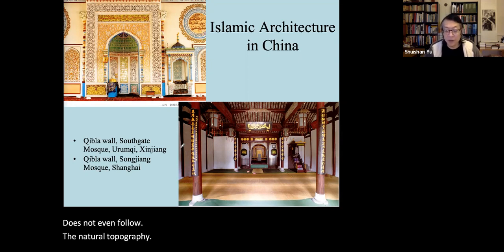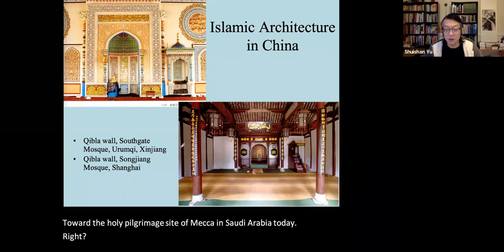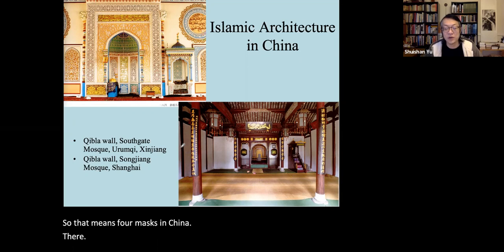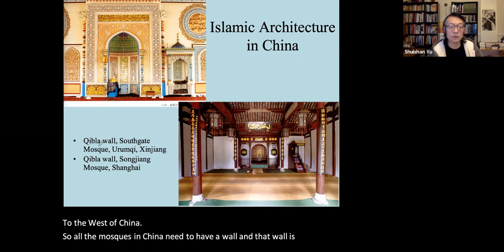So a mosque must be oriented toward the holy pilgrimage site of Mecca in Saudi Arabia today, right? So that means for mosques in China, their orientation is east-west because Mecca is located to the west of China. So all the mosques in China need to have a wall, and that wall is called the Qibla Wall.